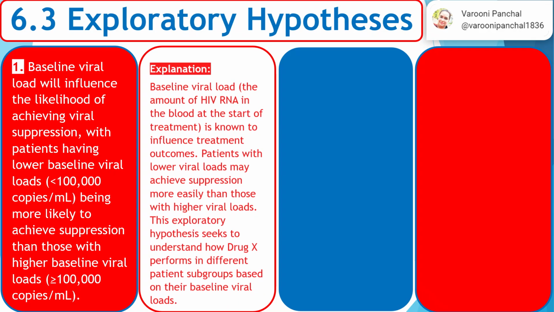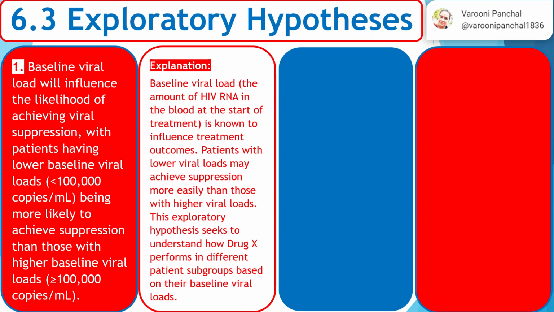Explanation. Baseline viral load, the amount of HIV RNA in the blood at the start of treatment, is known to influence treatment outcomes. Patients with lower viral loads may achieve suppression more easily than those with higher viral loads. This exploratory hypothesis seeks to understand how Drug X performs in different patient subgroups based on their baseline viral loads.